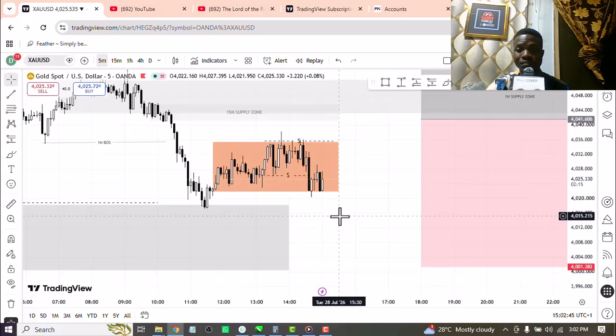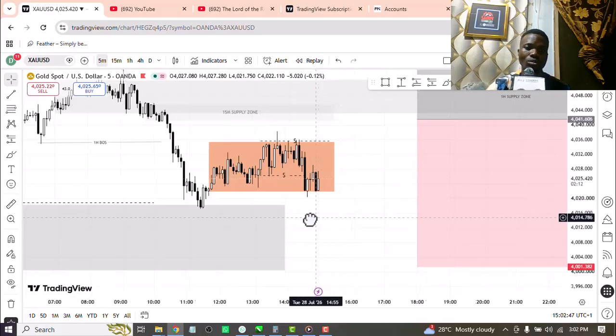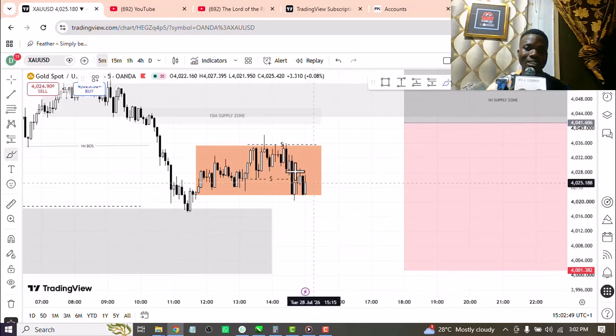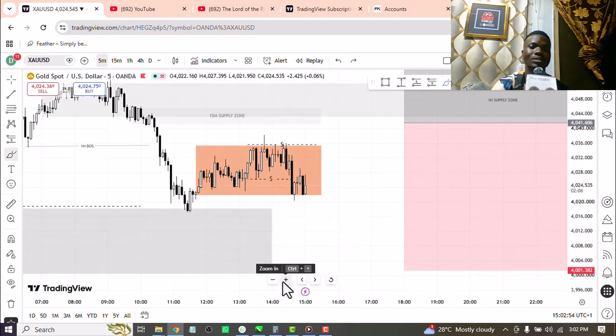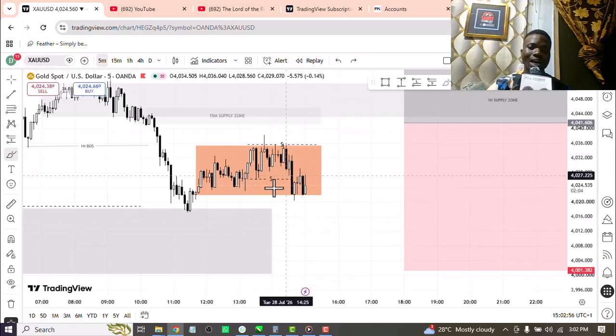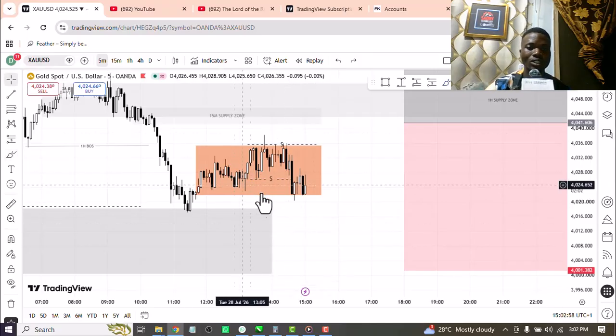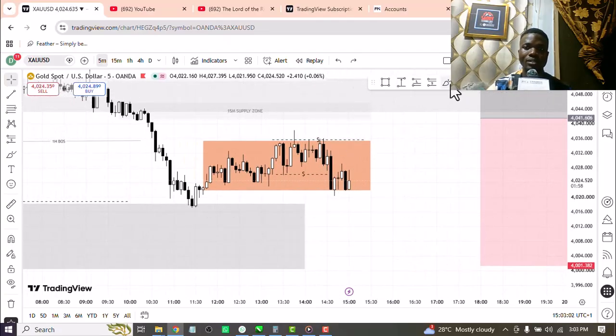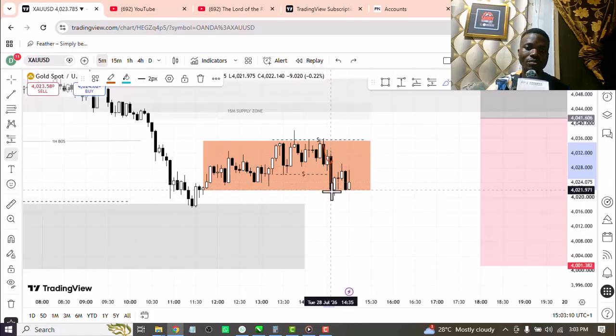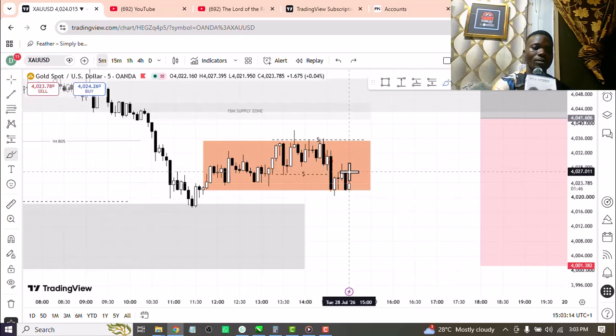What I mean is that price has not moved aggressively to the downside, and what happened inside this consolidation is a trap. The mistake most beginner traders make, even when I started, is that when I see a strong candle being formed like this, I just jump into the trade.